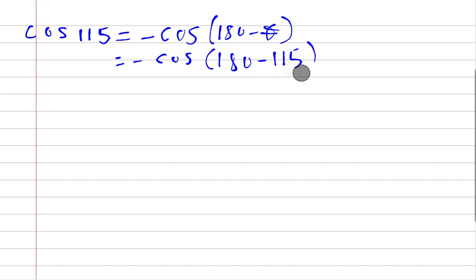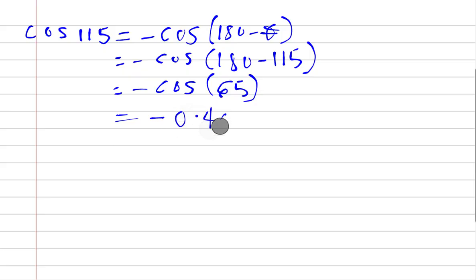If you do 180 minus 115, you get 65. And then if you punch your calculator and do cos 65, you are going to get minus 0.4226. This is the answer you are going to get.